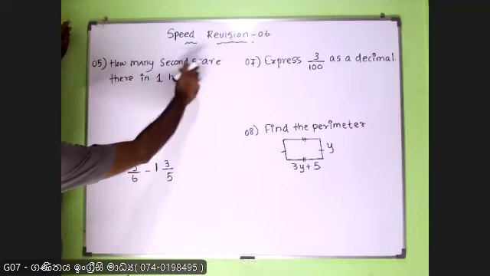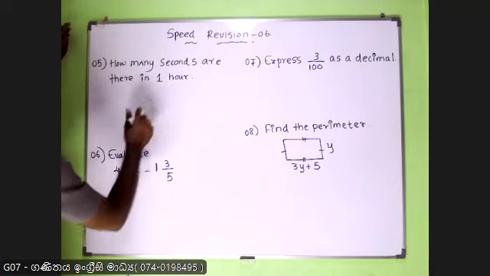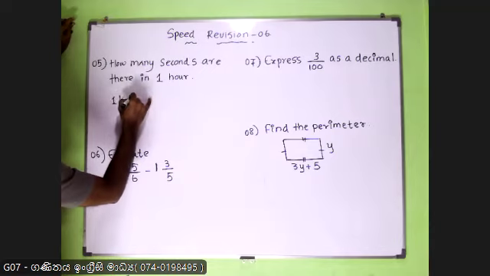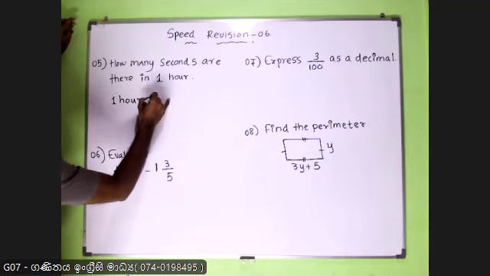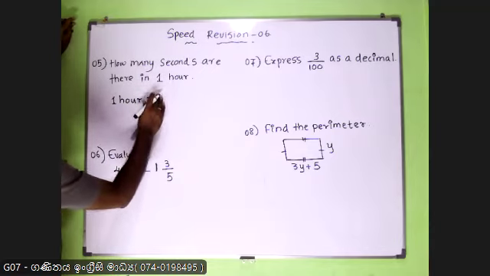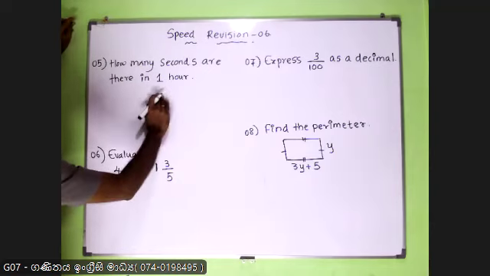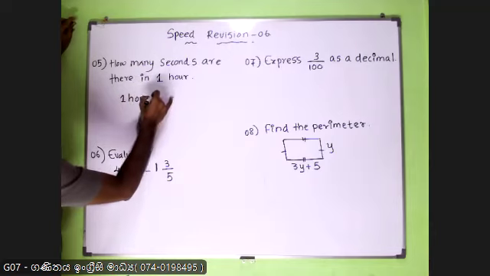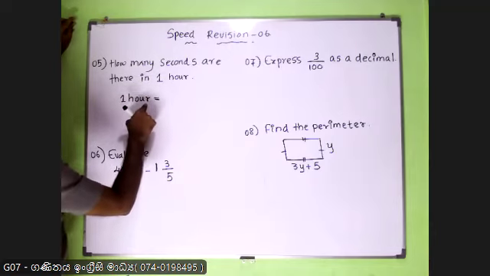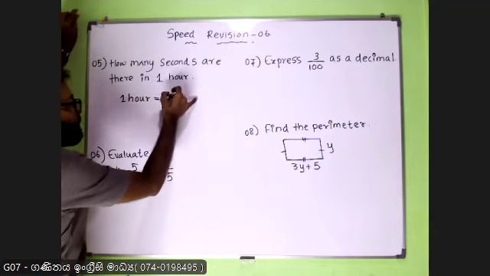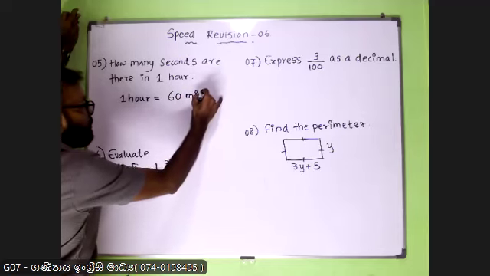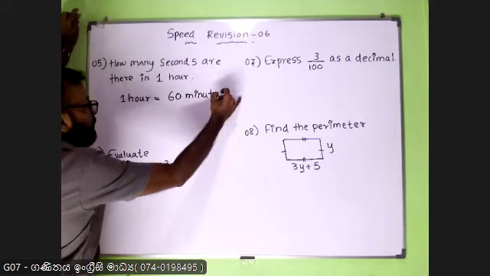How many seconds are there in 1 hour? Right? For 1 hour. Inside 1 hour, how many minutes are there? 60 minutes. Yes.